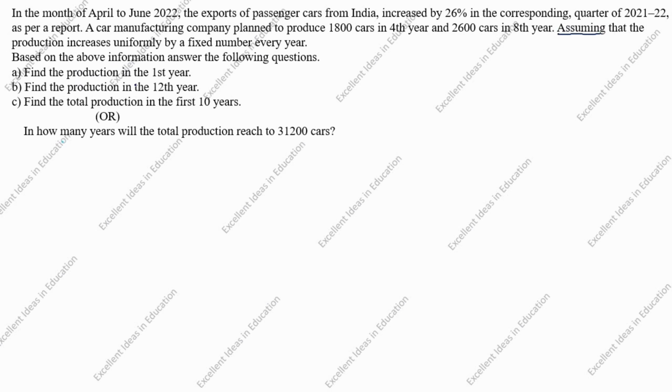First question, find the production in the first year. What is given in this question? Production increases uniformly by a fixed number every year. 1,800 cars in the 4th year, 2,600 cars in the 8th year. So we will take the nth term formula, a_n is equal to a plus (n minus 1) into d.